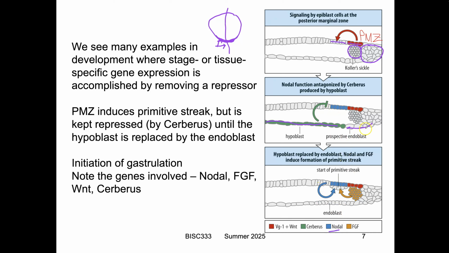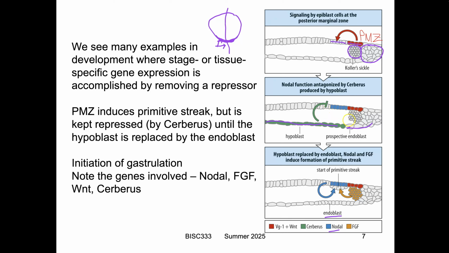Okay. Once cells have moved further from the embryo and have pushed the hypoblast cells out of the way and replaced them with endoblast cells, we don't have a source of that Cerberus anymore. So we've basically lifted the negative regulation.